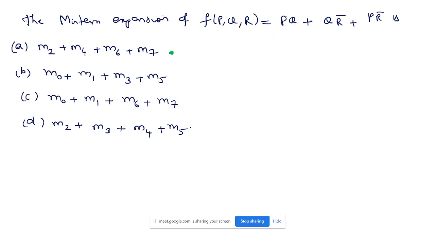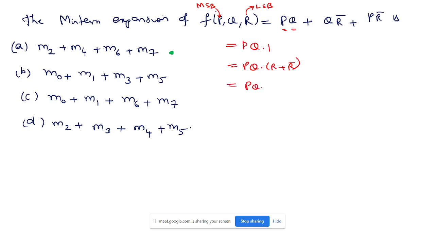So it's straightforward, right? In this function f, P is going to be MSB and R is going to be LSB when you go for min-term expansion. Very important. We already discussed this. In the product PQ, R is missing. How can I include it? I multiply with 1, and write 1 as R plus R bar.